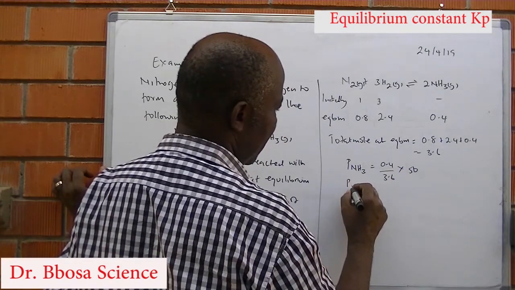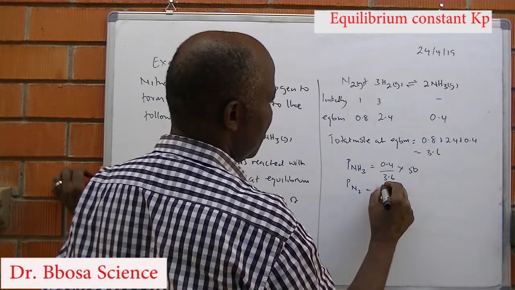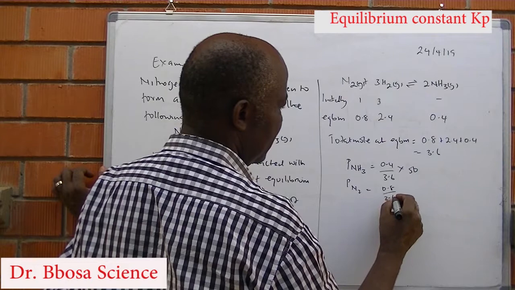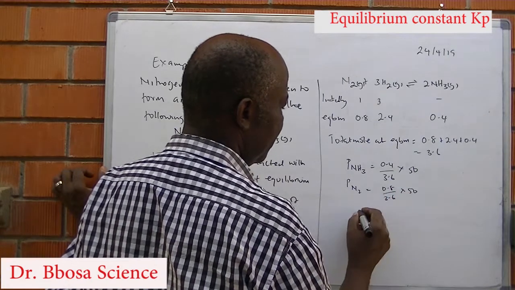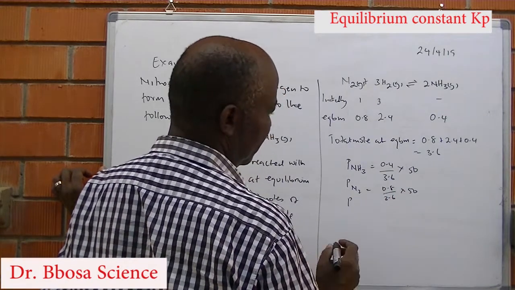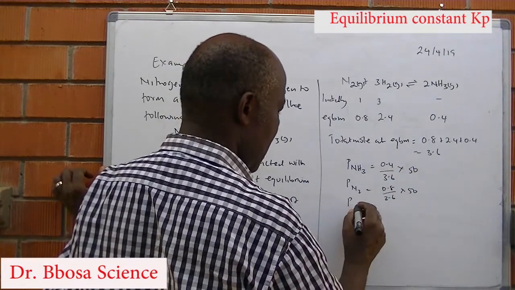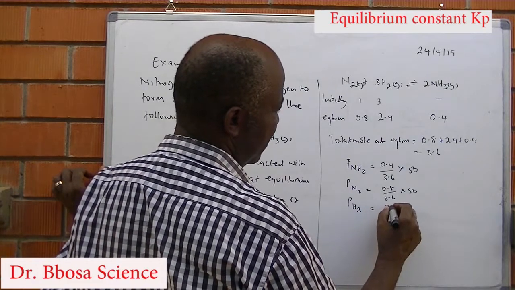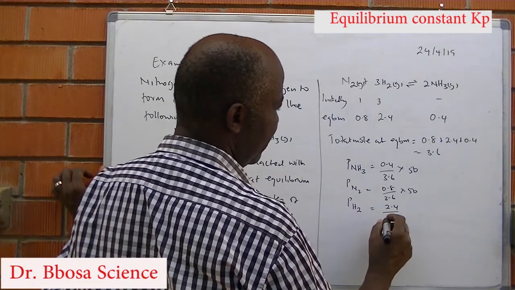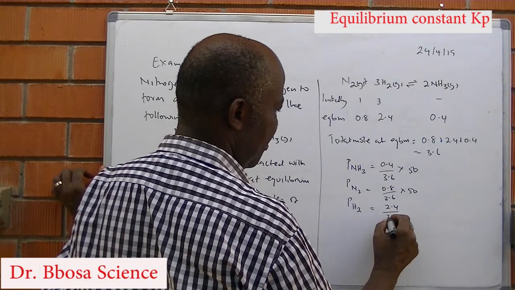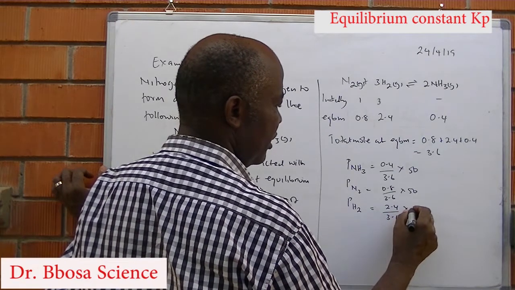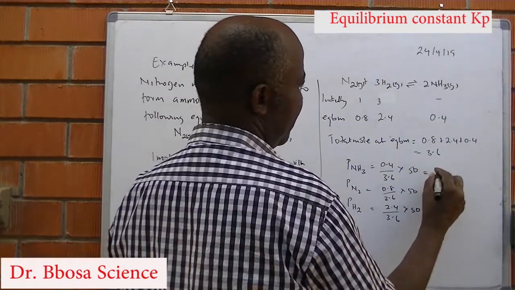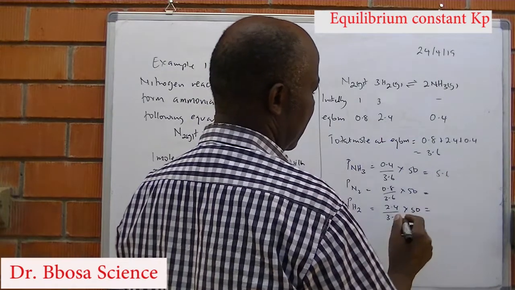Then the partial pressure of nitrogen will be equal to 0.8 over 3.6 times 50, and partial pressure of hydrogen will be equal to 2.4 over 3.6 times 50, which is equal to 5.6.